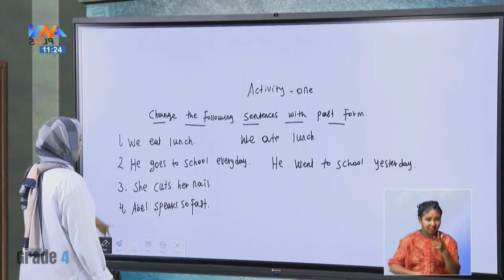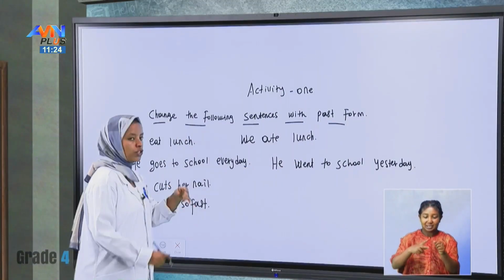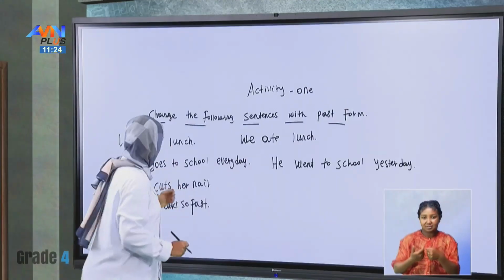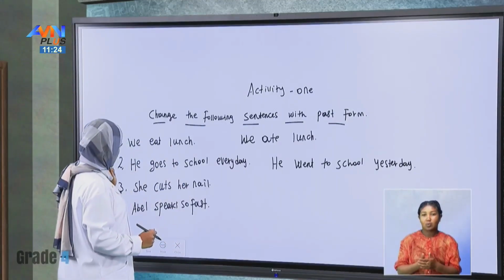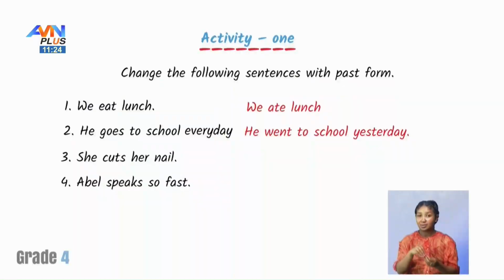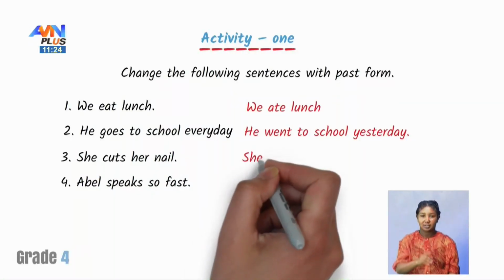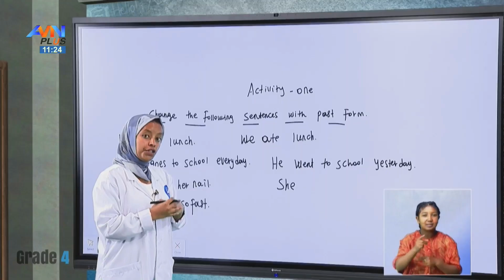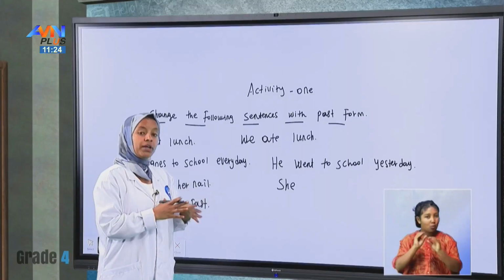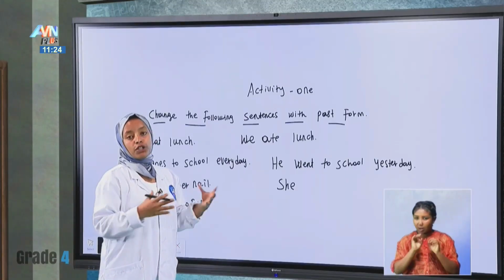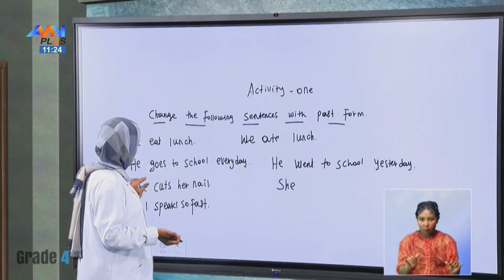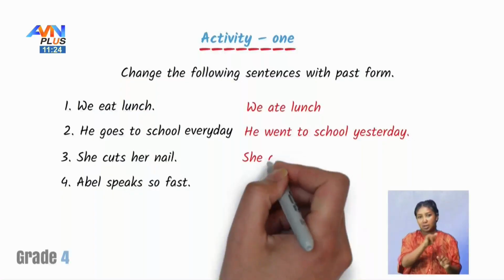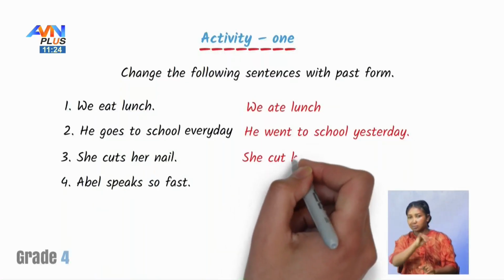Let us continue. She cuts her nail. So, we add what? Let us take, for example, she. What I was saying already. Cut, not change with ed. We're not adding ed and even not changing. So, we can take easily cut her nail.